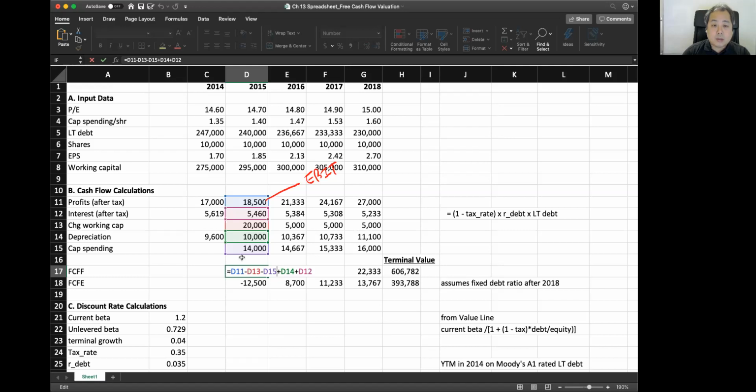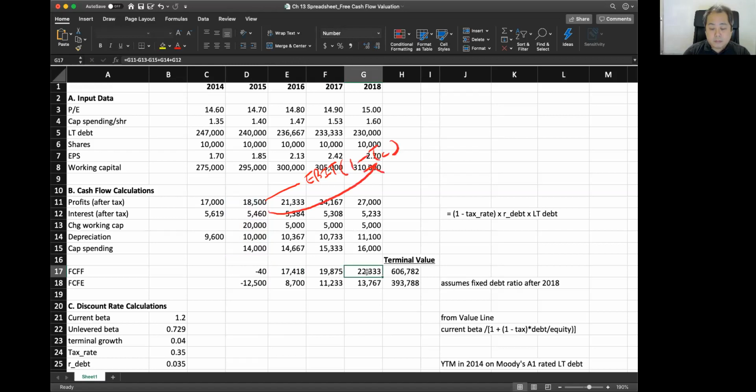I mean, depreciation is actually added back, right? So this depreciation should be added back. And then capital spending should be subtracted. So you can actually use the formula, and this is free cash flow to the firm. Okay. So minus capital expenditure minus change in net working capital. Okay.